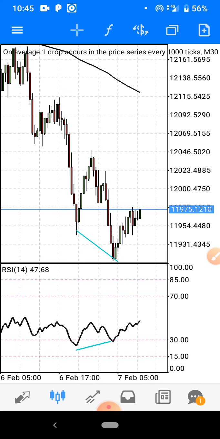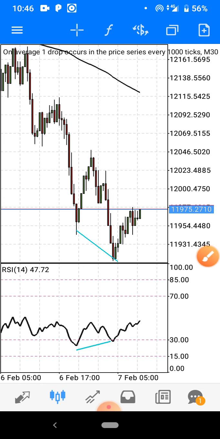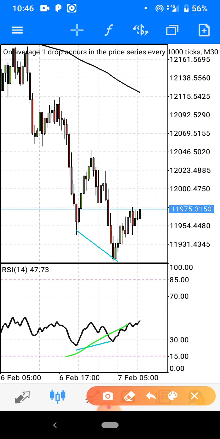Price lower low, then the oscillator here, look at it, going up. Here, coming down. This is what? This is a regular bullish divergence.